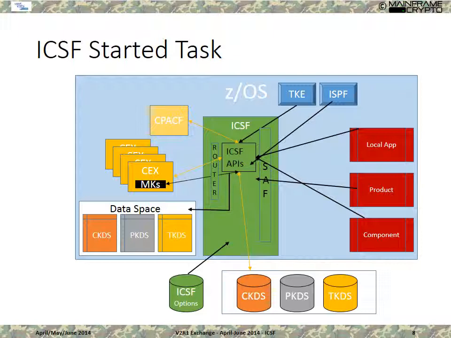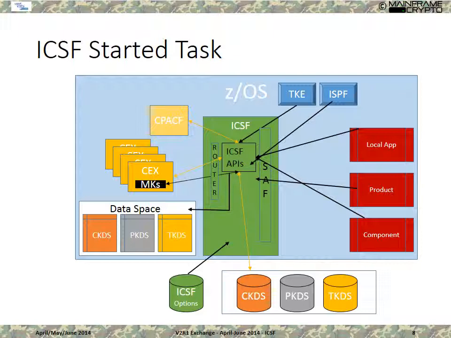The work will be handed over to ICSF, and the first thing it's going to do is perform some SAF checks and make sure that the caller's authorized to use those APIs and maybe that key material. And then ICSF is going to be in charge of routing that request to the appropriate hardware.